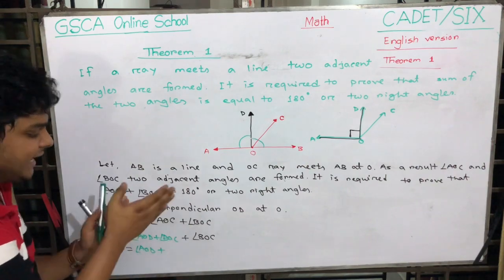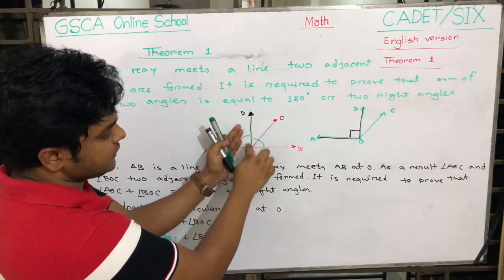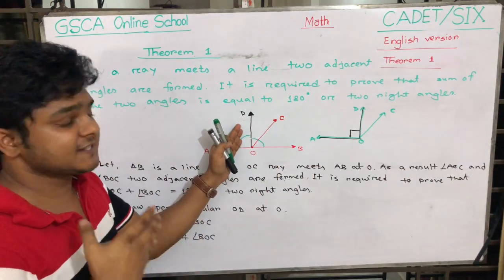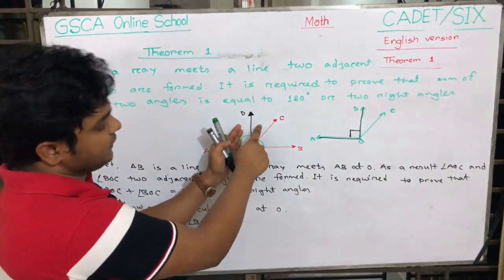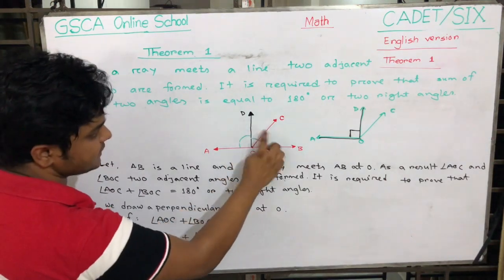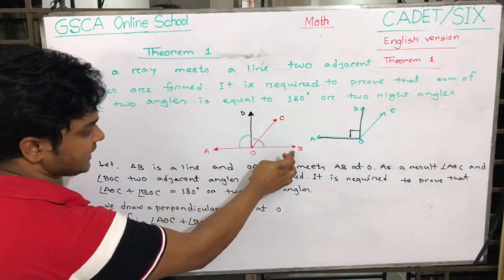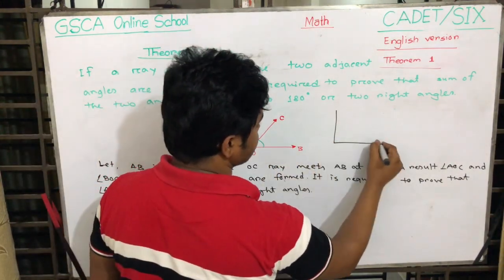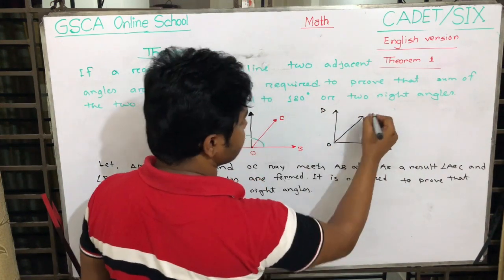Now just think about it. DOC plus BOC: if we add these two, if this one is 5 taka and this one is 5 taka, what is the sum? 5 taka plus 5 taka. So if we add these two angles, DOC plus BOC, what will be the name of the angle? This angle will be DOB.